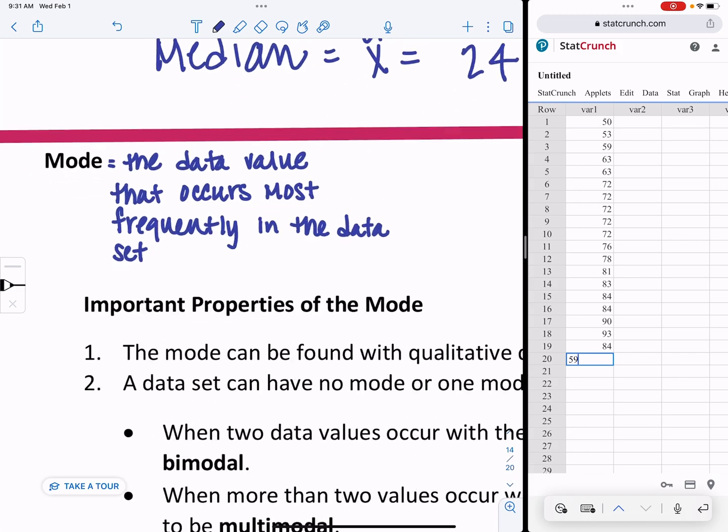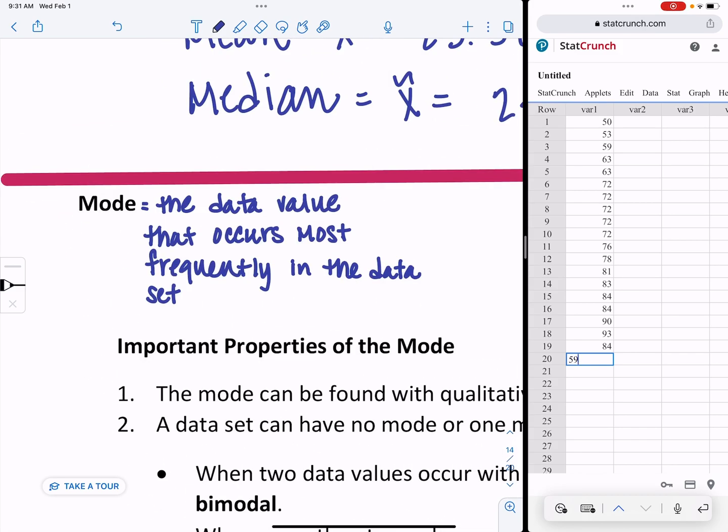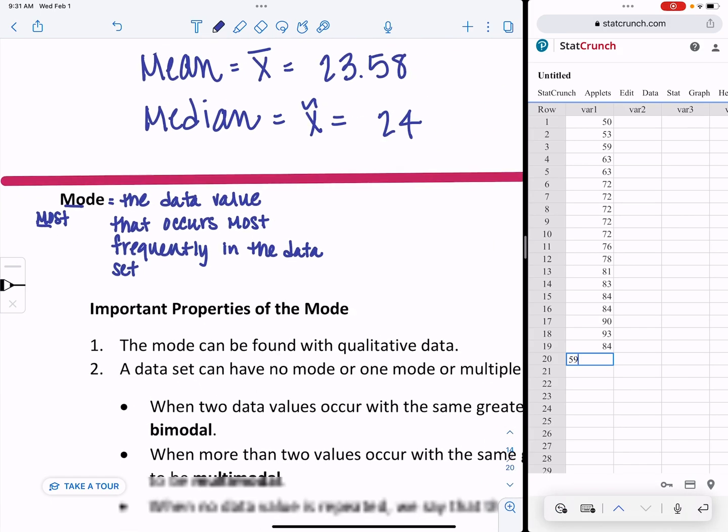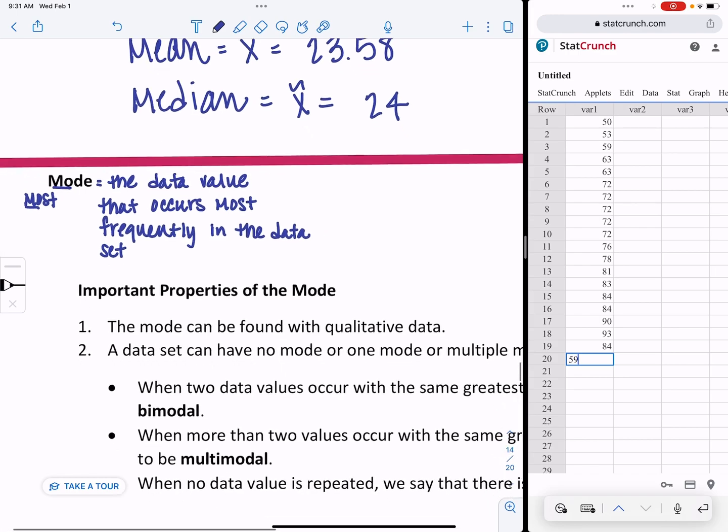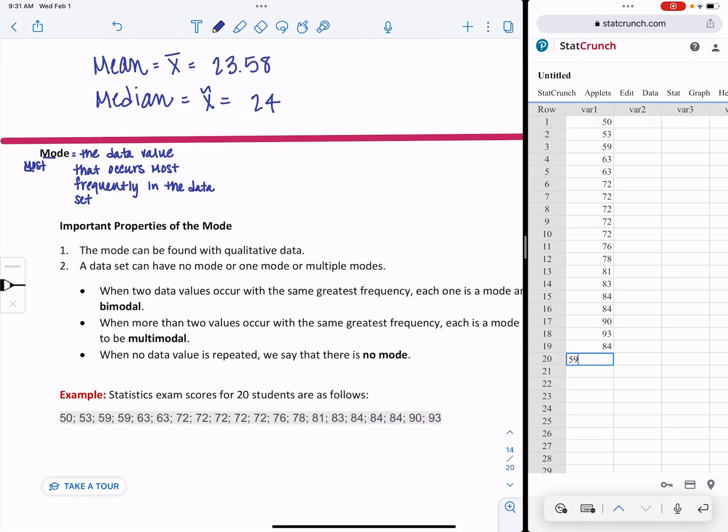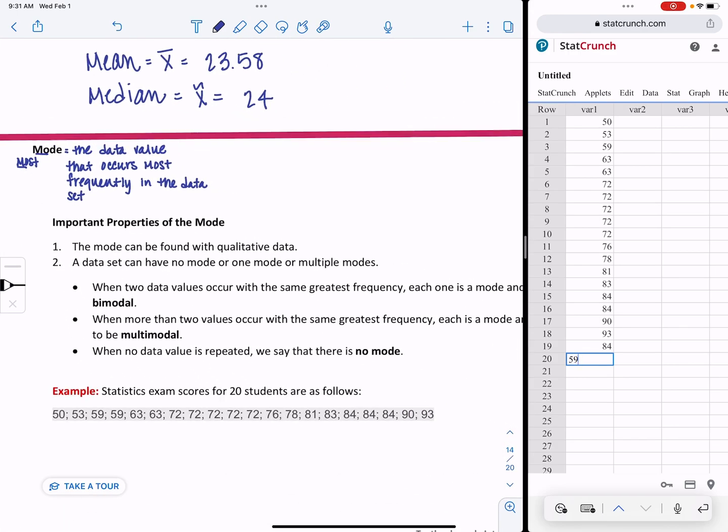A lot of people like to say the mode is the most. To link those two ideas together, they kind of sound alike, so that may help a little bit.